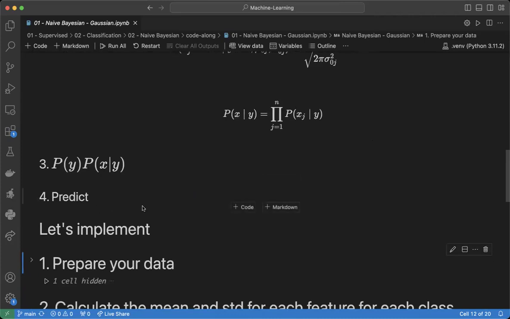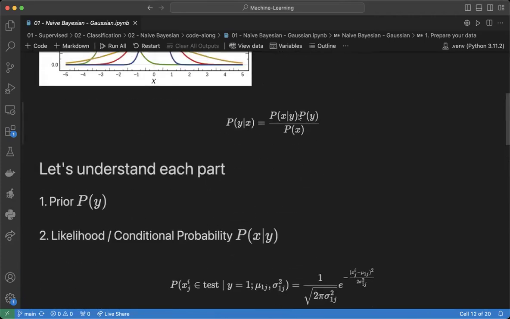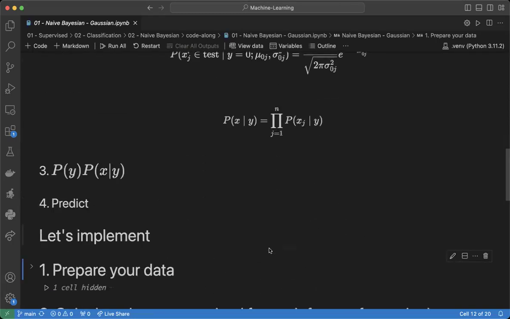The reason is that we can ignore the bottom part, because for a given Y that is bigger than another one, the bottom part cancels out anyway. So if you multiply the top part, you can already predict which class has a higher chance.